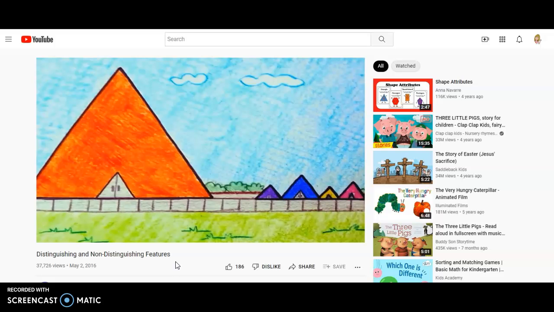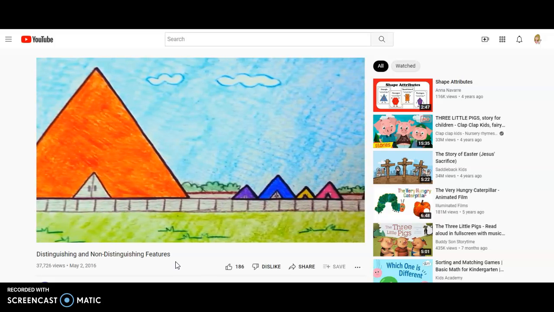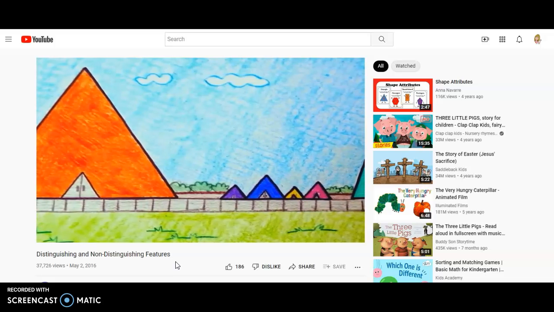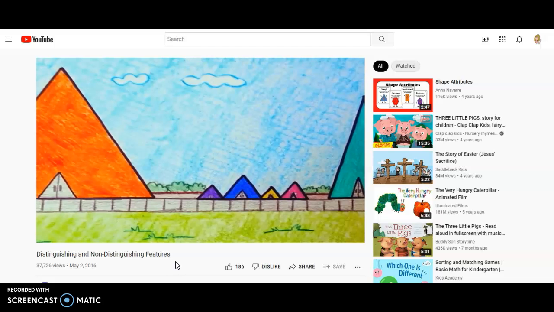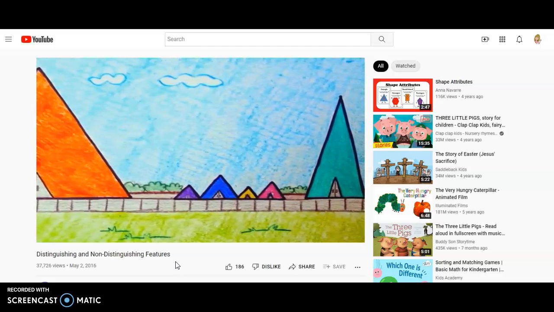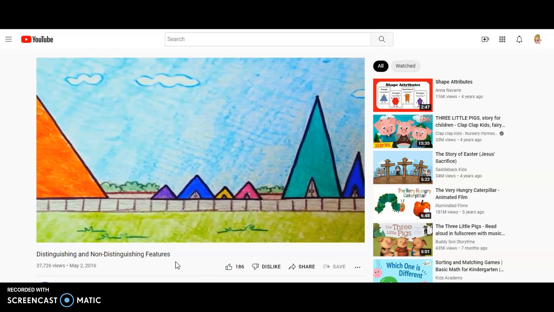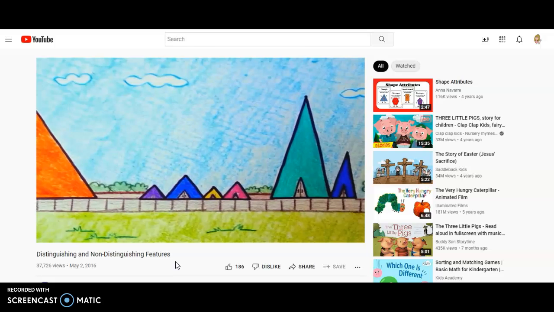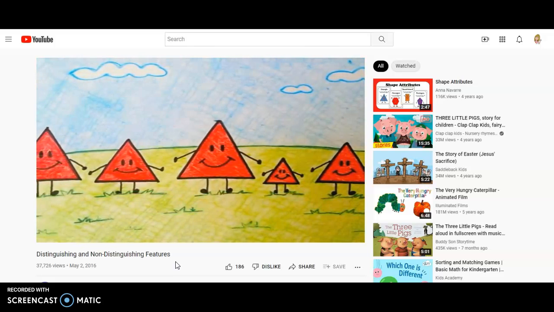In Triangle Land, there were all kinds of triangles of different colors and different sizes. Everywhere you looked, there was triangles. Orange triangles, blue triangles, big triangles, small triangles, short and long triangles, and of course, the best triangles of all, happy triangles.